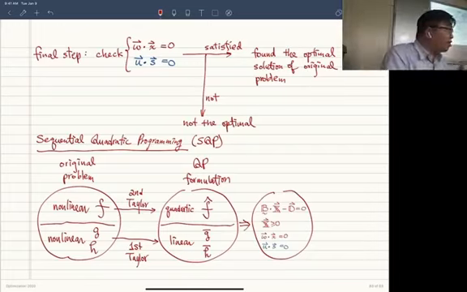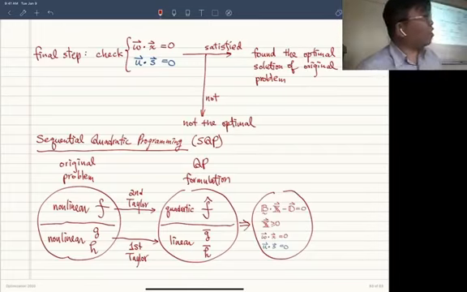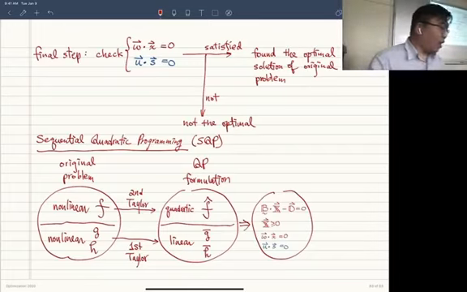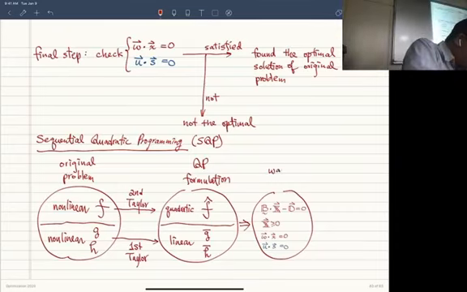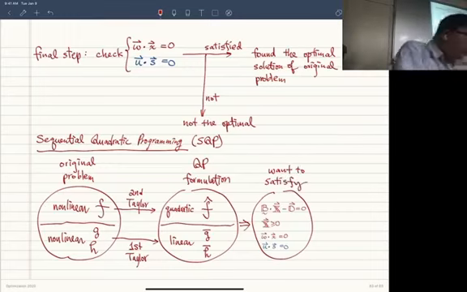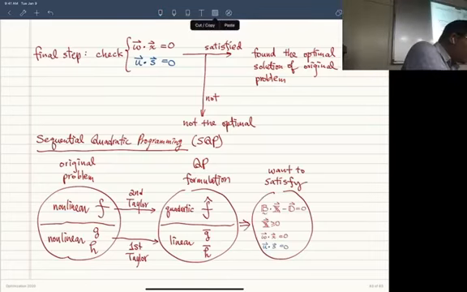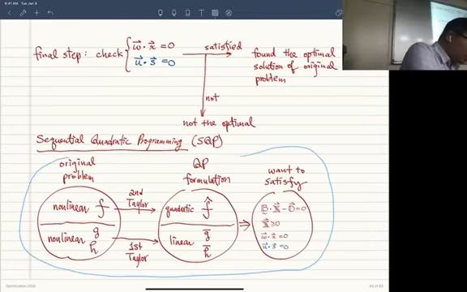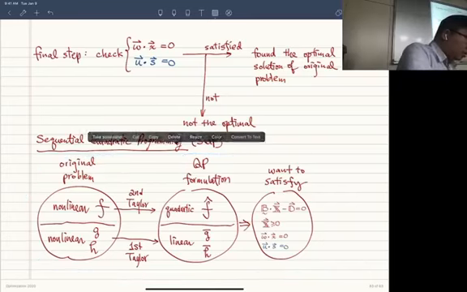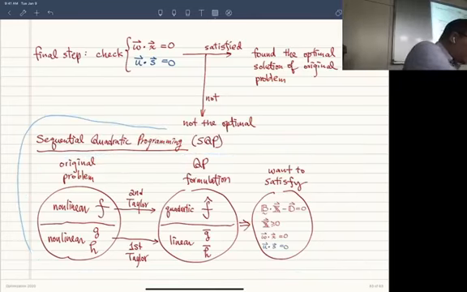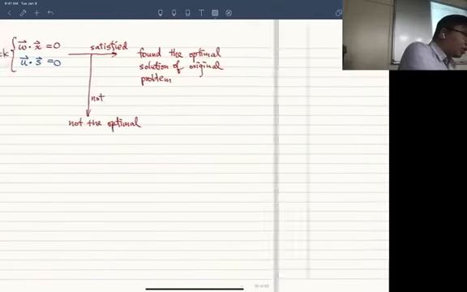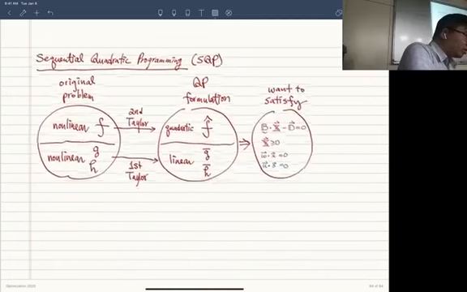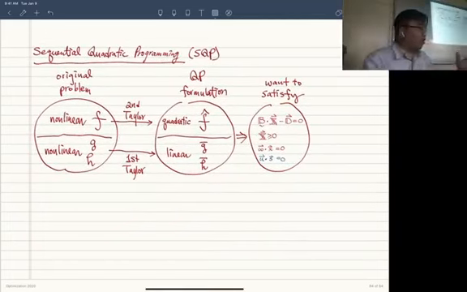Okay, you want to satisfy it. But you have to figure out a way to find those equations. So you want to satisfy all these rules. Maybe I do these in the next page. Let me just cut it and then paste it here. Okay, so you want to satisfy all these rules.